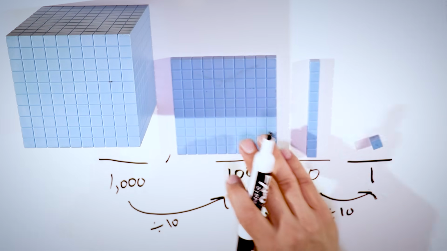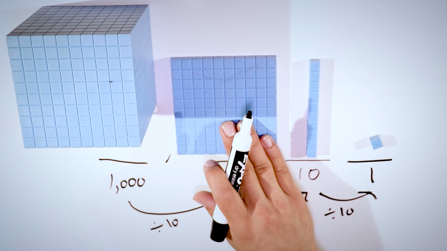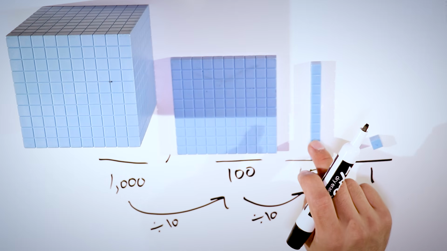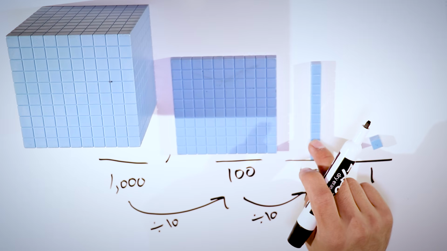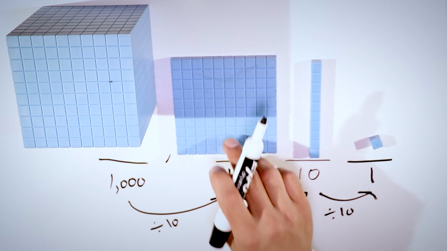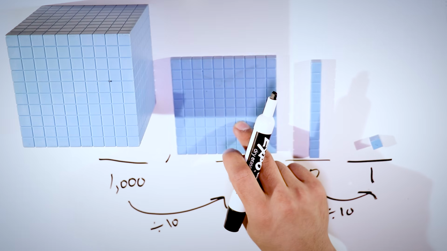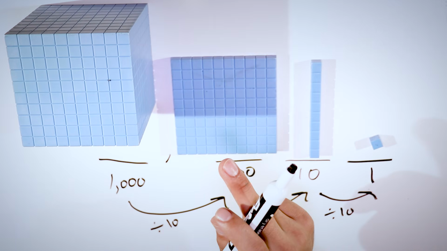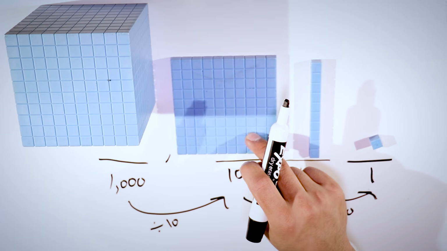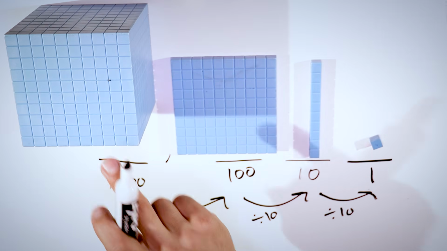Same thing here. When you divide 100 into 10 parts, you will get tens. So that means that 10 is 1/10 of 100, and the same thing with these two. 100 is 1/10 of 1,000 because you would need 10 hundreds to make 1,000.